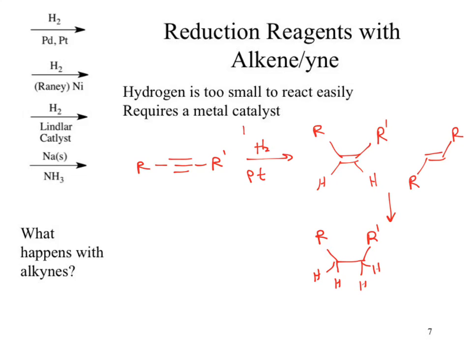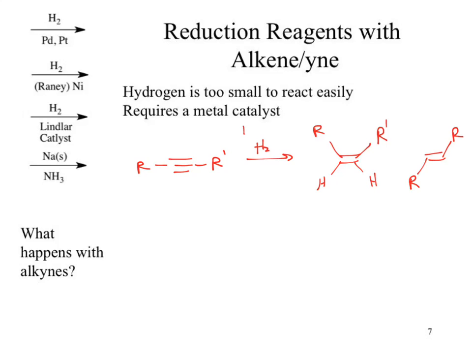We've added two hydrogens to both those carbons. Okay? The special part, Lindlar's catalyst and the sodium metal in the presence of ammonia will actually not react with alkenes, which means if I switch to those reagents, I will stop at the alkene.